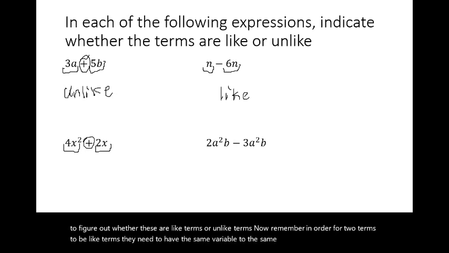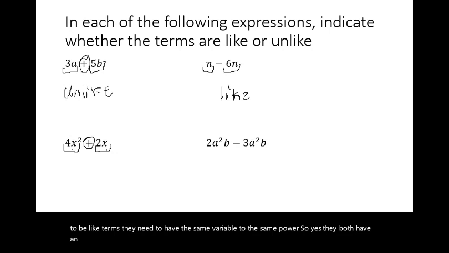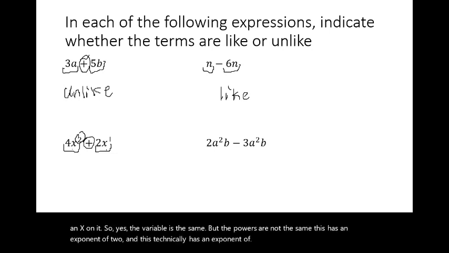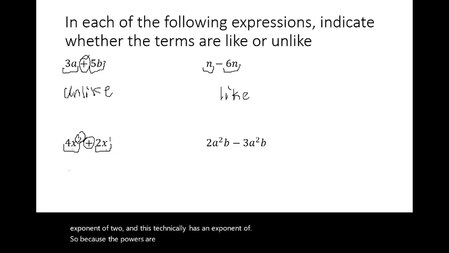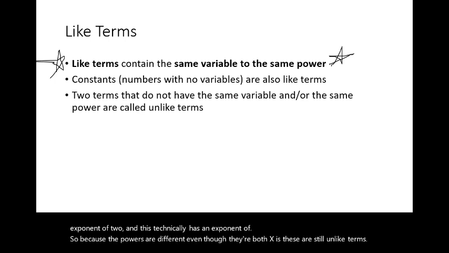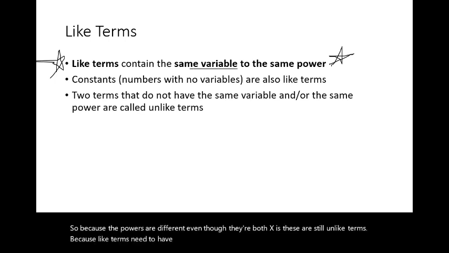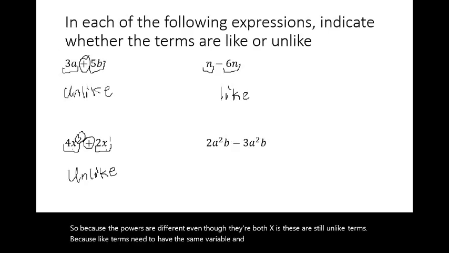So yes, they both have an x on it. So yes, the variable is the same, but the powers are not the same. This has an exponent of 2, and this technically has an exponent of 1. So because the powers are different, even though they are both x's, these are still unlike terms. Because like terms need to have the same variable and the same power. You need to have both of them.